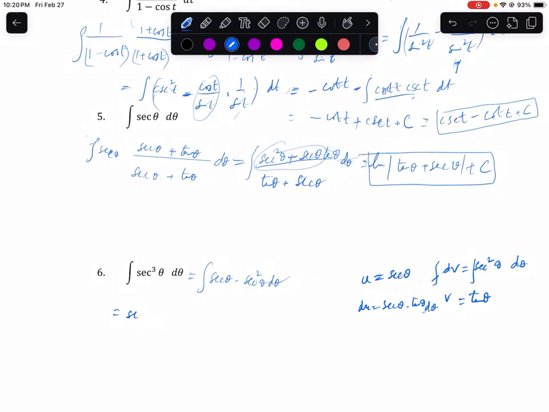So u is secant theta times v is tangent theta, minus the integral of v, which is tangent theta, times du. Du is secant theta times tangent theta d theta. So we have secant theta times tangent theta minus the integral of secant theta times tangent square theta d theta.